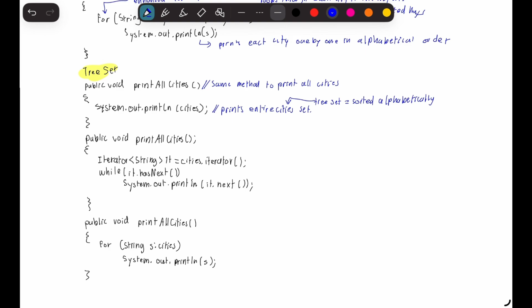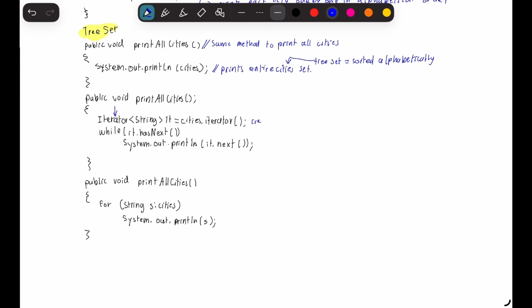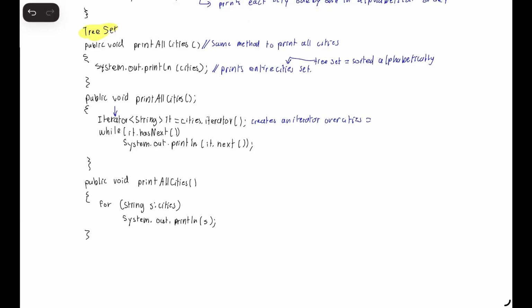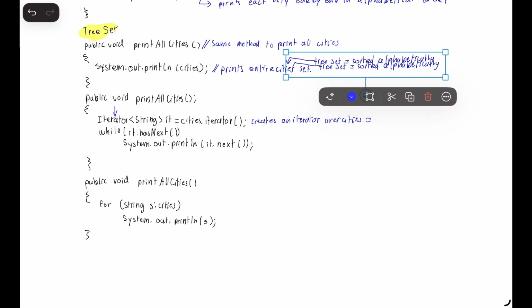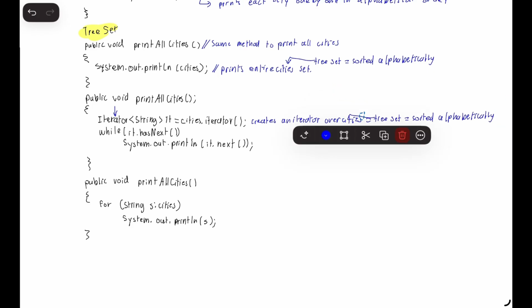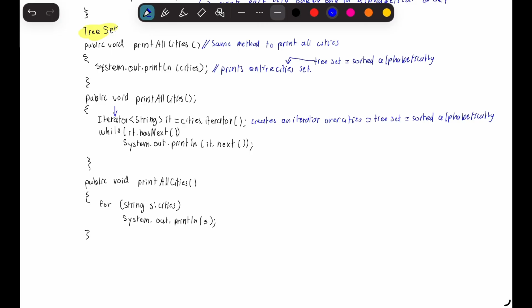Now for our second version, which is an iterator, and cities is also a tree set that is already sorted. And then this prints each city in order.